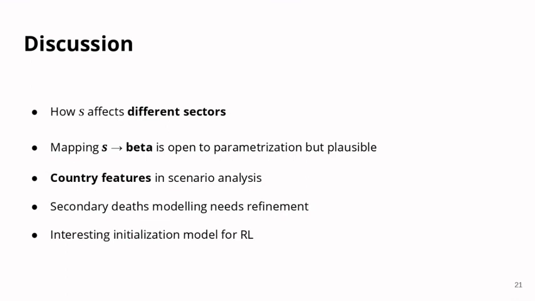So one of the main takeouts is how S affects these different sectors, transmission and morbidity. This parameterization is in some cases evident, such as, for example, the day when the stringency attained a certain threshold and the day when the transmission rate was reduced. But for other features, it's less clear.